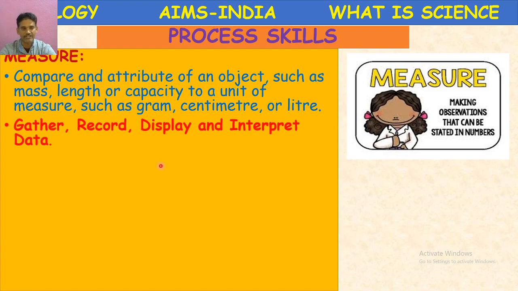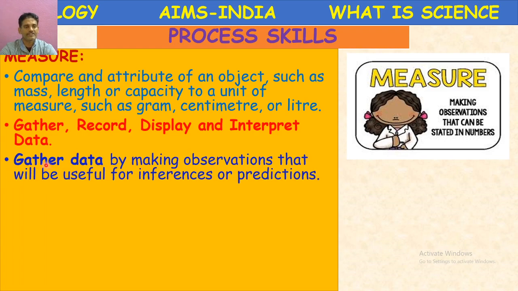That is called interpretation. First, gather data by making observations that will be useful for inferences or predictions. You have to collect the data such that your observations will be useful for results, or at least predictions.